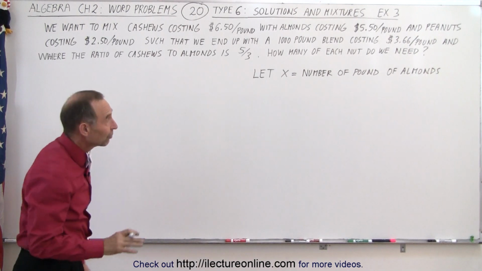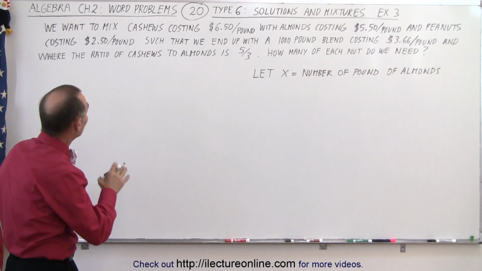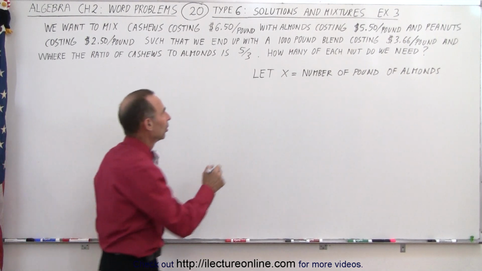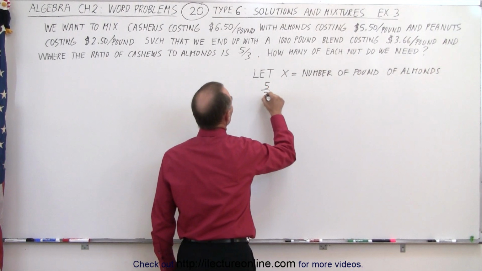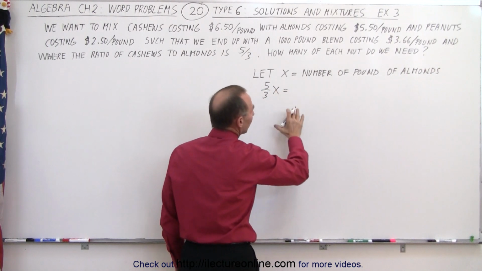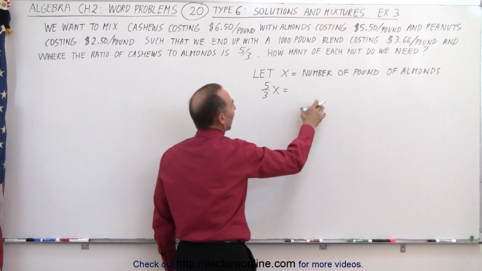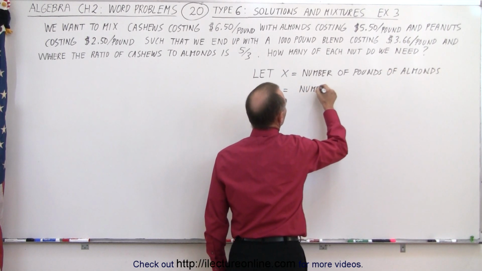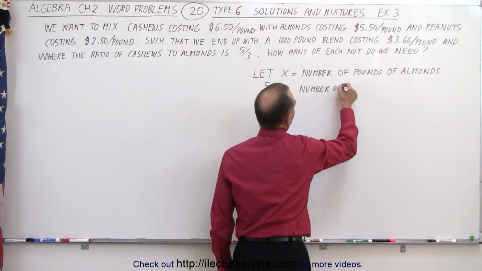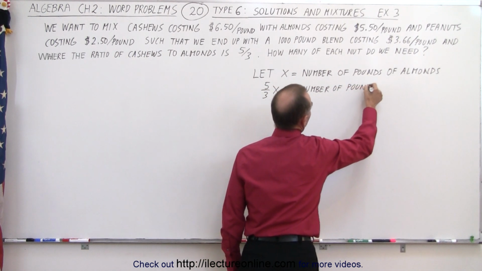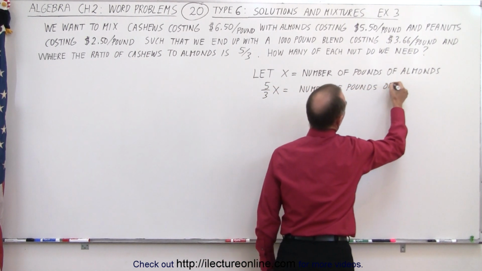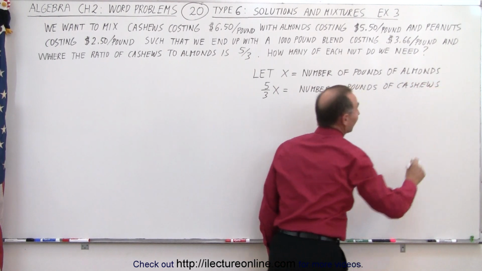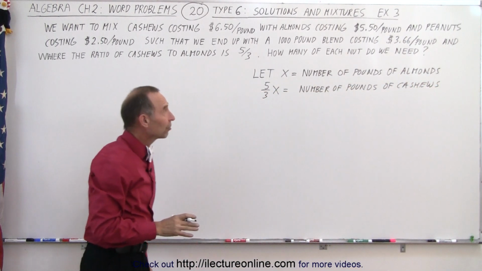Now that we have the number of pounds of almonds in terms of x, we're told that we have 5/3 as many cashews. So 5/3 x is the number of pounds of cashews. And finally, we need the number of pounds of peanuts.